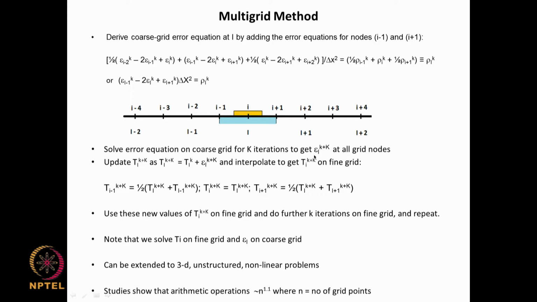We now have an improved solution here and we can go to the fine grid, but the problem is that these estimated values are now available only at the coarse grid points, that is capital I minus 1, capital I minus 2, like this. Whereas, if we want to solve this on a fine grid, we need to know at this point and also on small I minus 1, small I minus 2, small I minus 3.